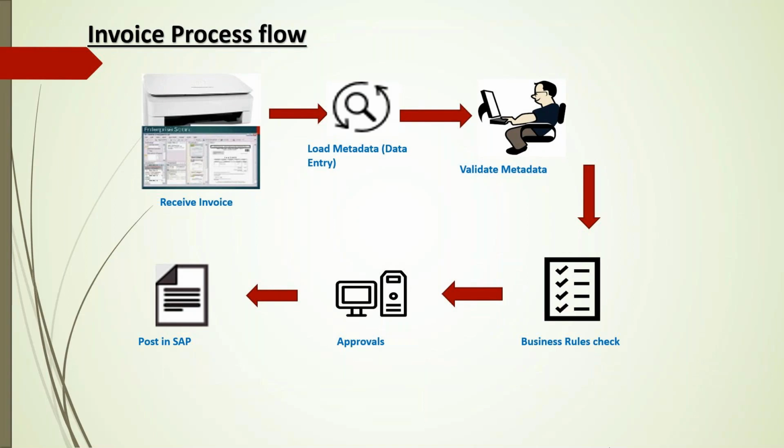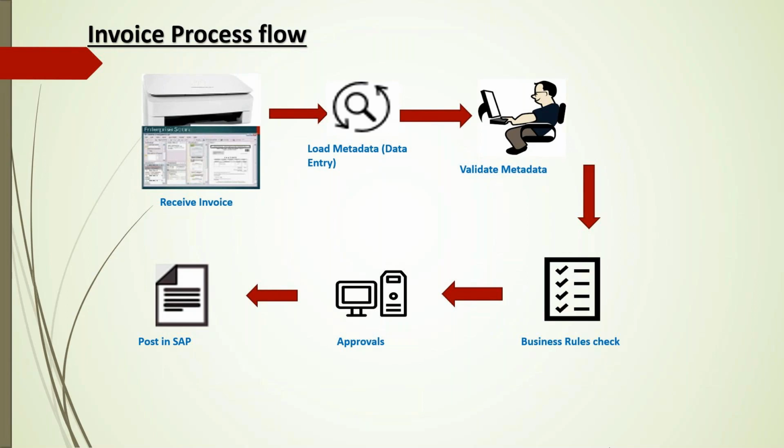flow of an invoice when it is getting posted in an organization. So first is receiving the invoice. As soon as the invoice is received, the second part is data entry, also called loading the metadata, where end users or data entry operators key in the invoice details on the SAP screen.